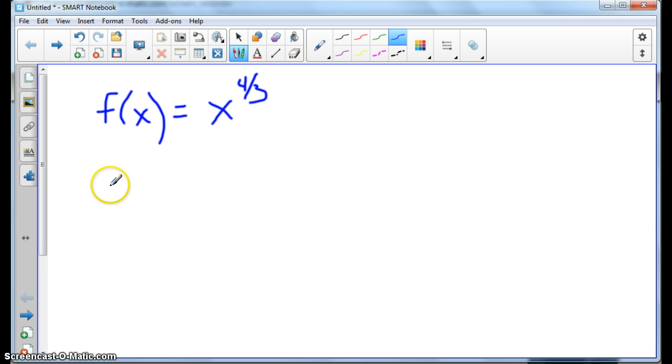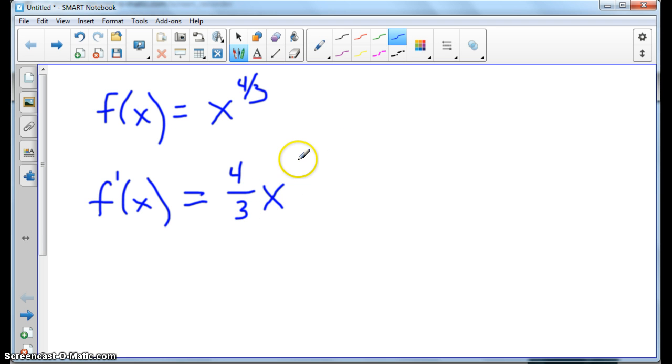So we're doing the same thing, bringing the exponent down to be a coefficient. So our derivative function using the power rule would be now 4/3 x, and then remember we subtract our original exponent by 1.